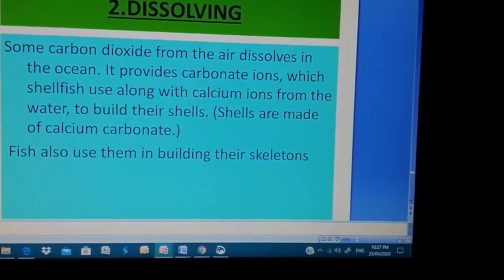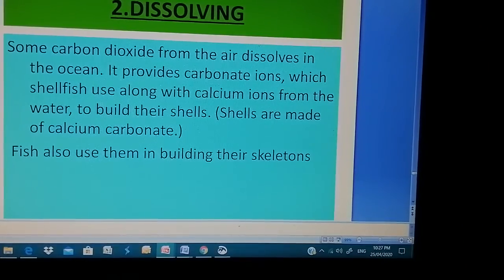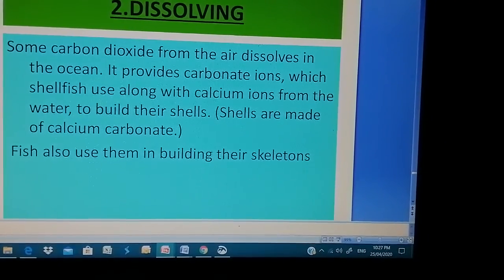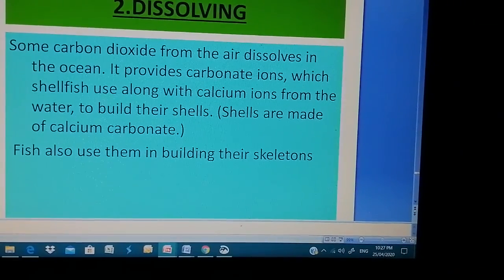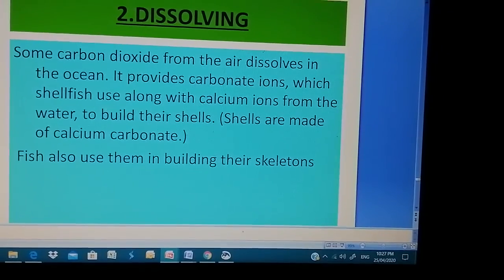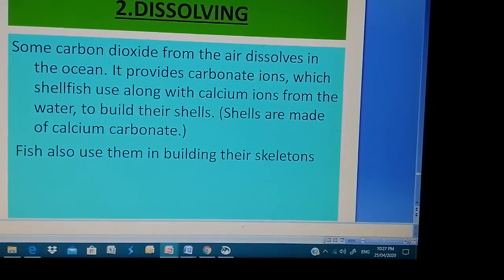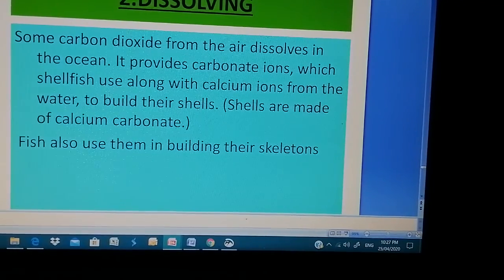So shellfish use the calcium and the dissolved carbonate ions to make their shells, and fish also use them to form their skeletons. So by this process also the carbon dioxide in the atmosphere is used up. So the two processes which help in the removal of carbon dioxide are photosynthesis and dissolving.